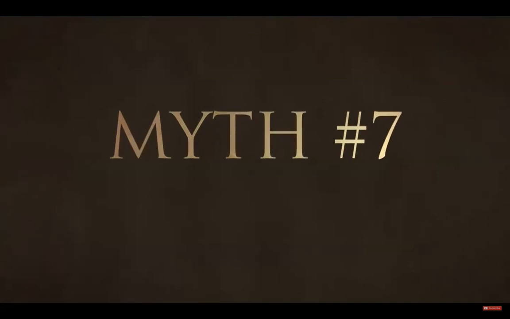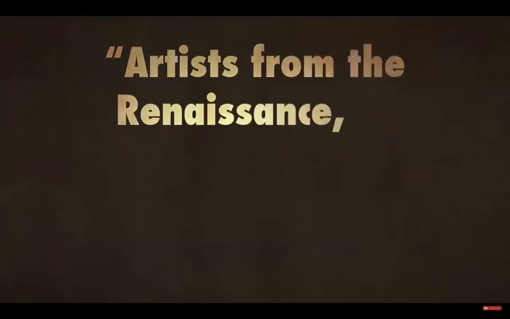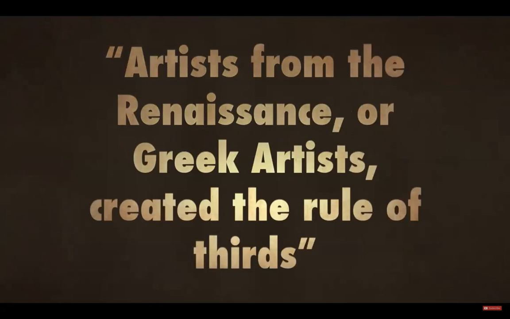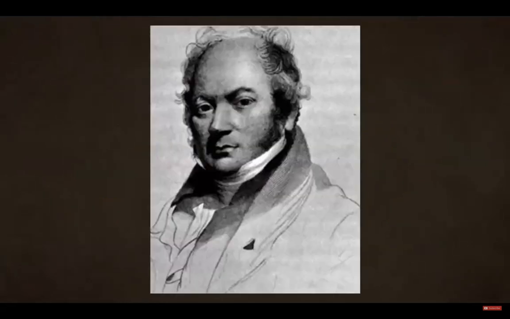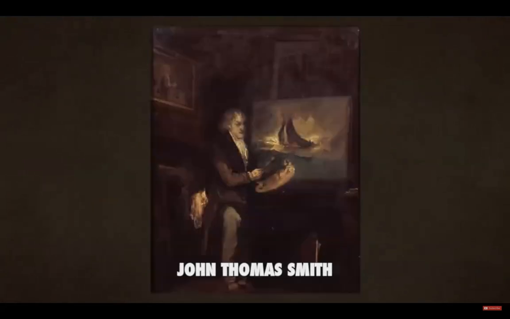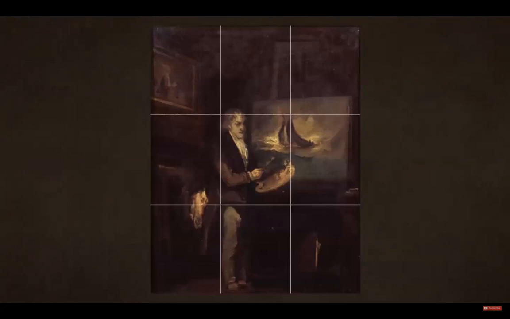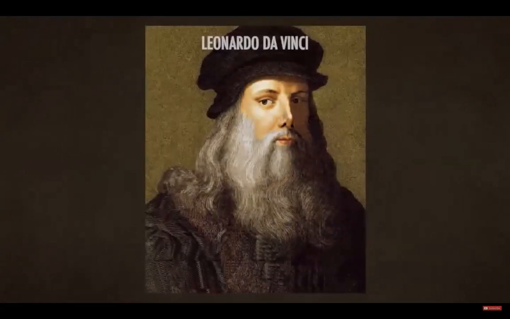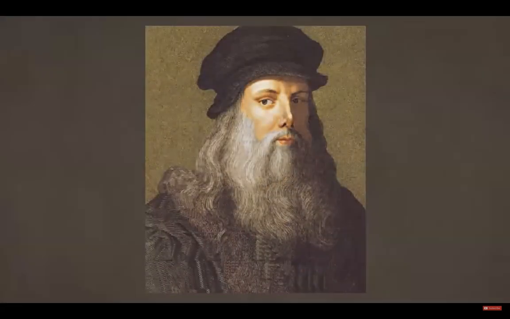All right, number 7. Artists from the Renaissance, or Greek artists, created the rule of thirds. The rule of thirds was first documented by John Thomas Smith around 1797, and if you take a look at his paintings, you'll see that he wasn't a master at all. Da Vinci would be rolling in his grave if he heard anybody saying he was using this rule.